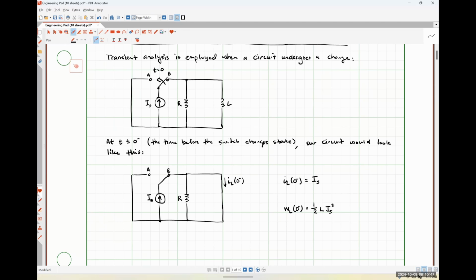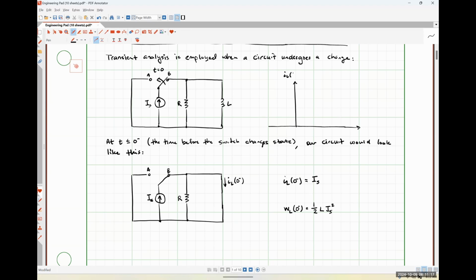So as long as our source current isn't zero, then in this particular system, our inductor should have some amount of energy stored, right? So I'm going to make a graph and plot as we figure things out what's going on with the inductor current as a function of time.